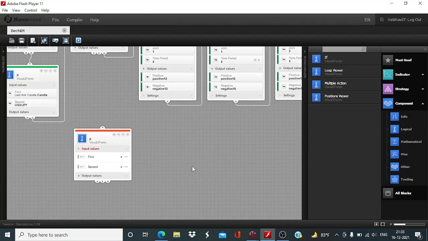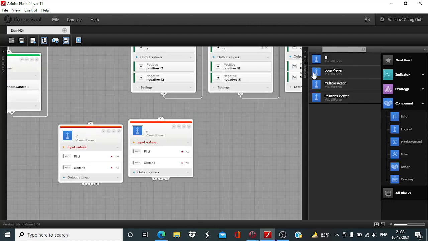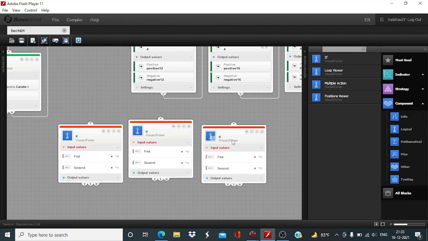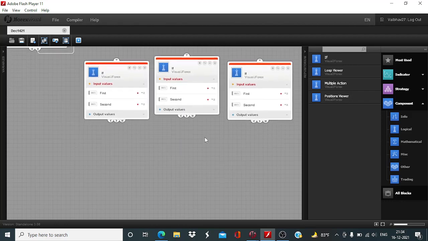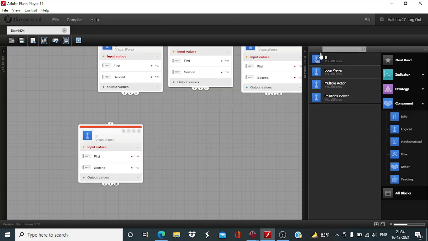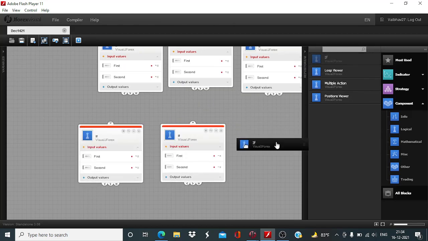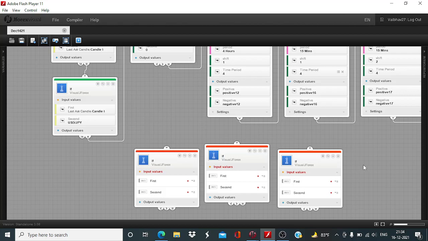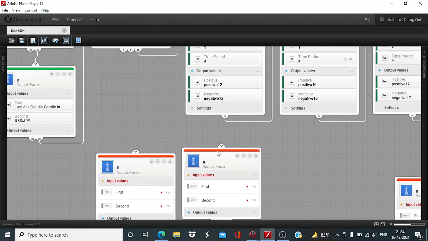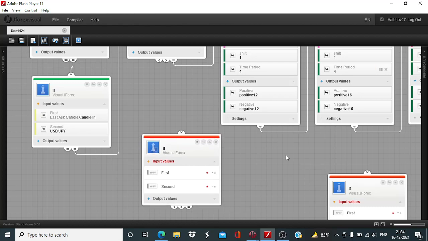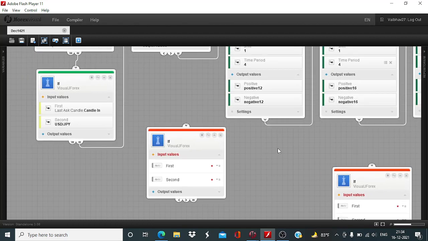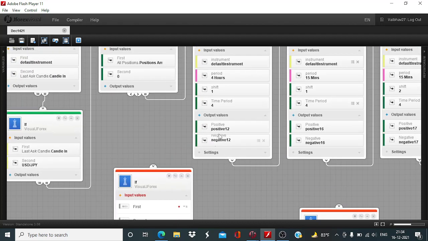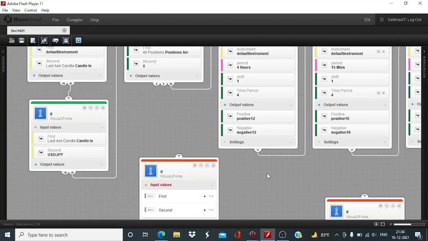So I am now going to add 7 if blocks. Positive 12, negative 12, and we are going to be more concerned with negative 12.